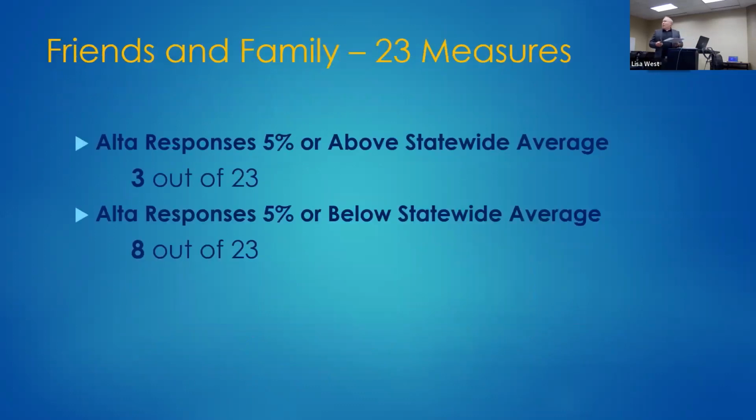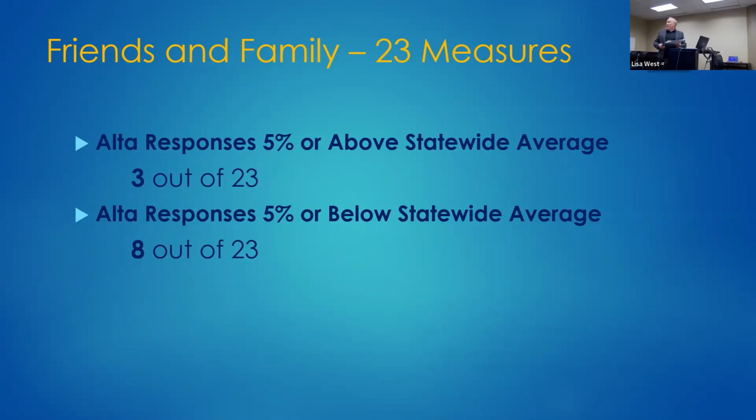Under the broad category of friends, there were 23 different response options, and ALTA scored above 5% of the statewide average in 3 of the 23 and below the statewide average in 8 of the 23. So we want to provide an example of what each one of those might look like.